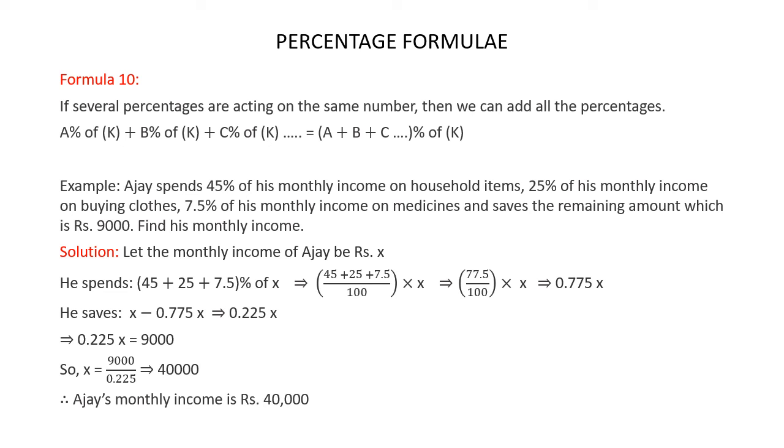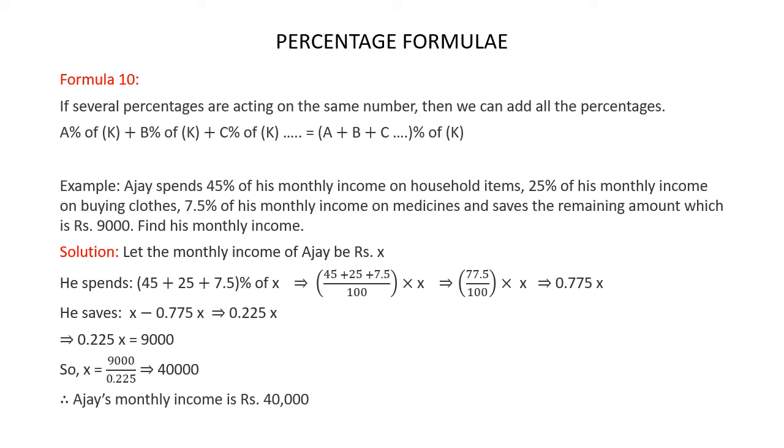So Ajay's expenditure is (45 plus 25 plus 7.5)% of X, which is nothing but (45 plus 25 plus 7.5) divided by 100 multiplied by X. When you solve this, you'll get 77.5 divided by 100 multiplied by X, which is nothing but 0.775X. So Ajay's expenditure is 0.775X.